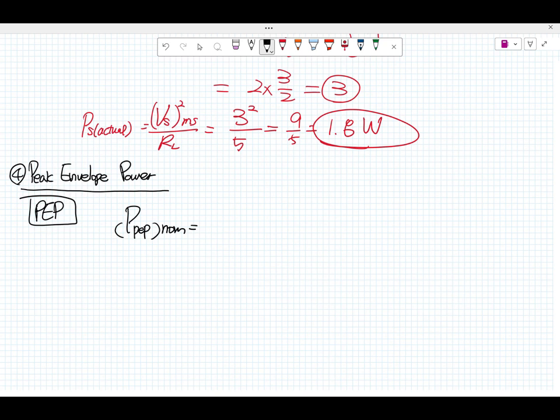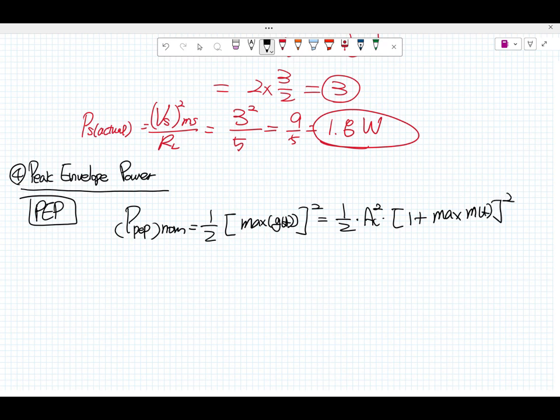We learned in the previous lecture that it is 1/2 of max of g of t squared, 1/2 A sub c squared, 1 plus max of m of t squared. Why? Because the other part is always constant, and just the message signal is a function of time.